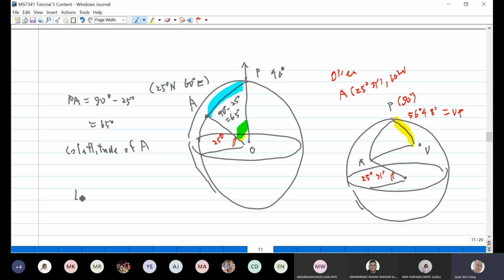So you want to find the latitude of V now. Just take 90 degrees, because from here to the North Pole is 90 degrees. So how much is this angle now?